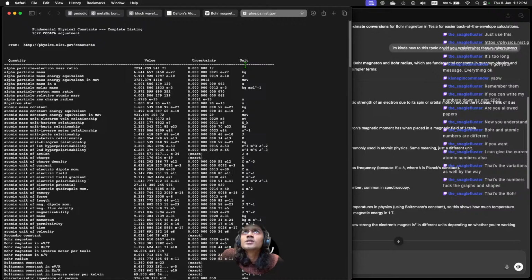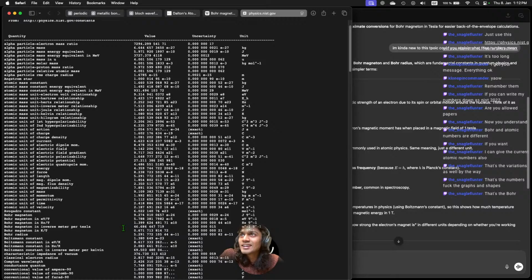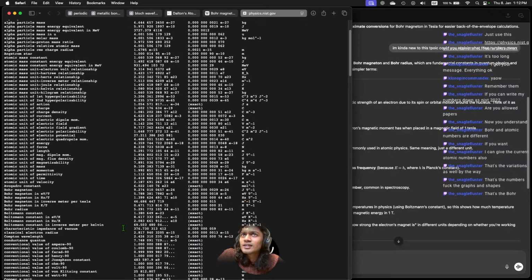Value, uncertainty, units. God damn, son. Just use this. Boltzmann constant, Bohr radius, Bohr magneton.